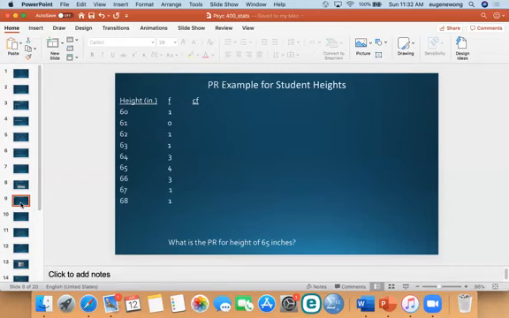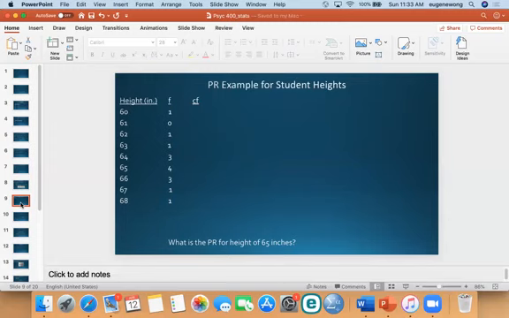Okay, so let's practice this. Let's say that we have some student heights. Let's just say that we took some students and we measured their heights. I don't know, a bunch of elementary school kids or something. And we measured how tall each one is and recorded the heights for each of these students.